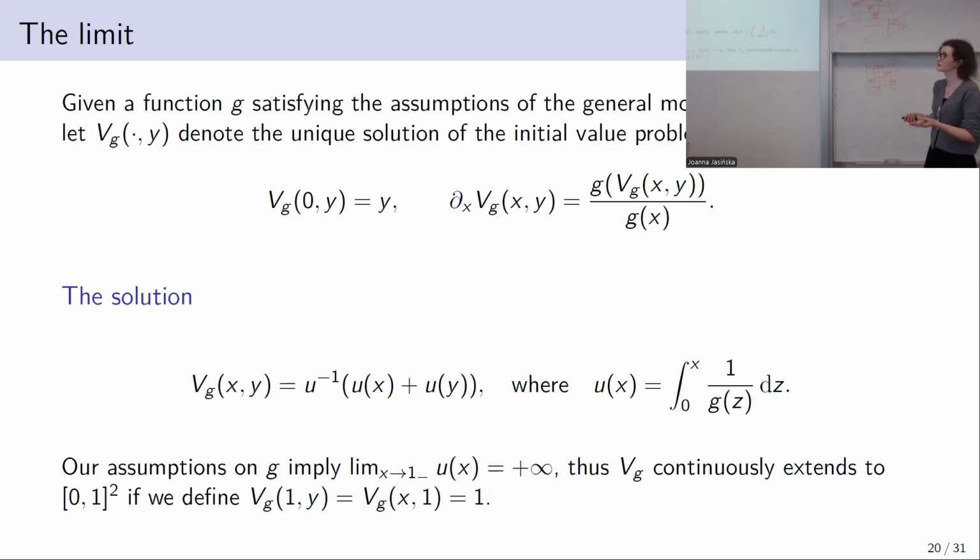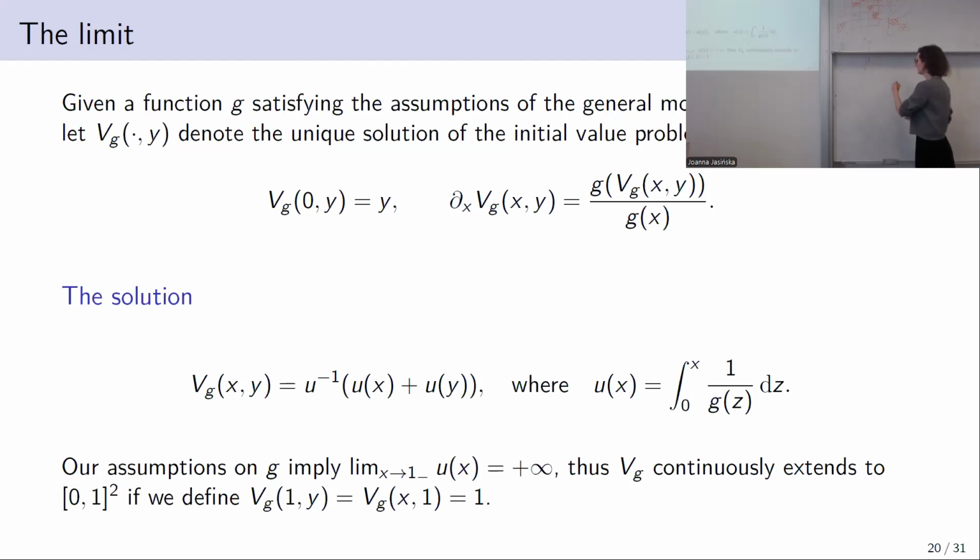Again, I have this function g, it satisfies my assumptions of the general model, and by Vg I denote the unique solution of this differential equation, the initial value problem. Let me just remind you, just to keep everybody on the same page: Vg was this L-shaped area.